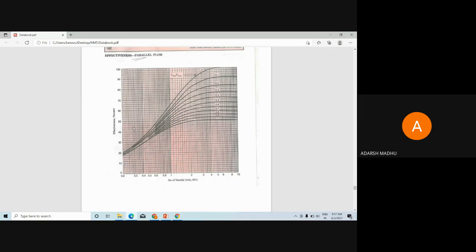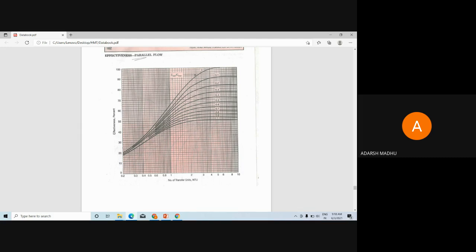You may be thinking of the equation for the counter flow NTU, but here we use the graph. To find the value of NTU, we want to know the effectiveness. If the value of R and effectiveness is known, we can find the value of NTU.